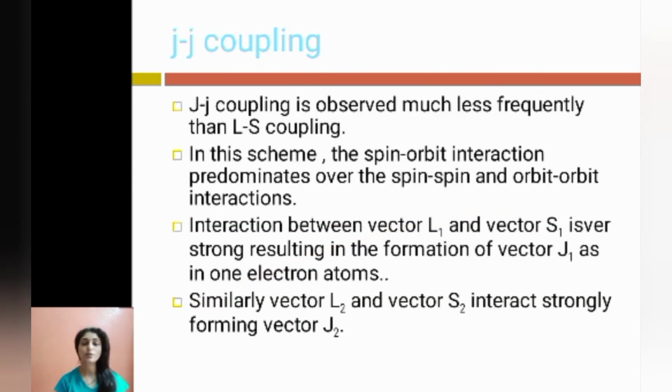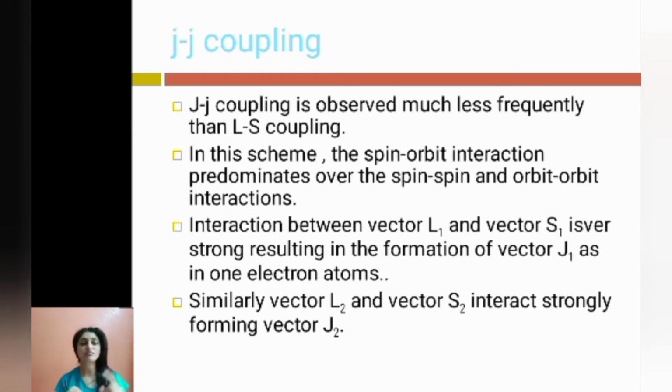Now the second way in which the four vectors can be coupled so as to form the resultant total angular momentum is JJ coupling. JJ coupling is observed much less frequently than LS coupling. In LS coupling, what we learned is spin-spin interaction is strong, orbit-orbit interaction is strong, and spin-orbit interaction is weak. In JJ coupling, the spin-orbit interaction is stronger than the spin-spin and orbit-orbit interactions.